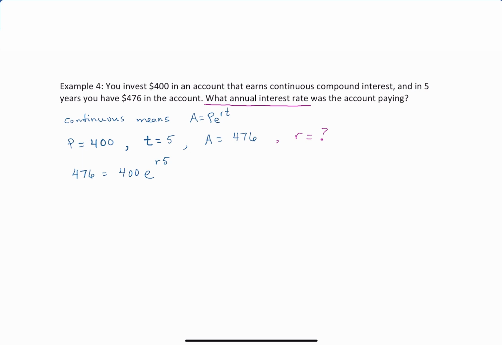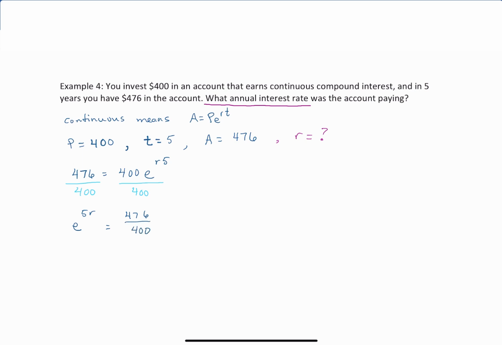We need to isolate our exponential expression, which I will do by dividing both sides by 400. That'll give e to the 5r equals 476 over 400.